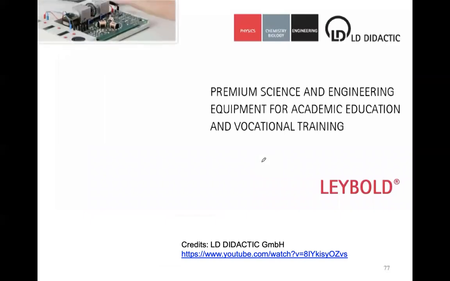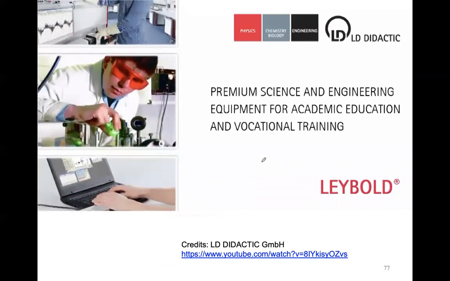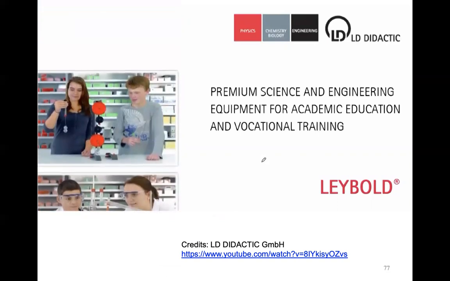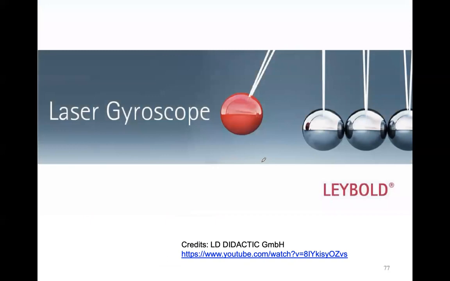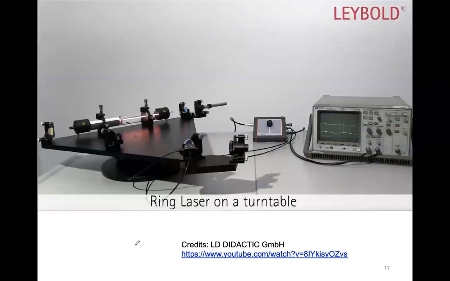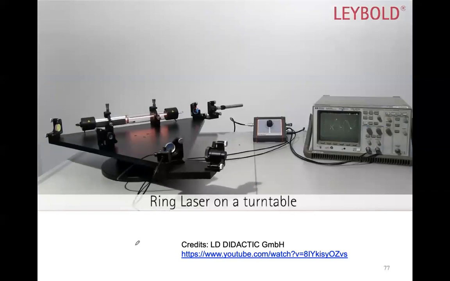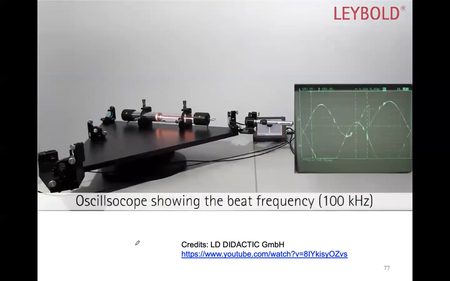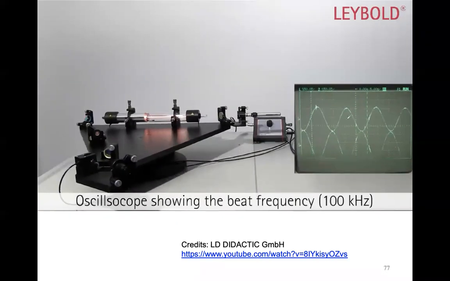So to conclude, because I would also like to introduce the resonating gyroscopes, I took from YouTube this video from LD Didactic that shows you how the gyroscope works. Basically, it is the ring laser gyroscope with the triangular shape that shows you how the two signals vary over time.